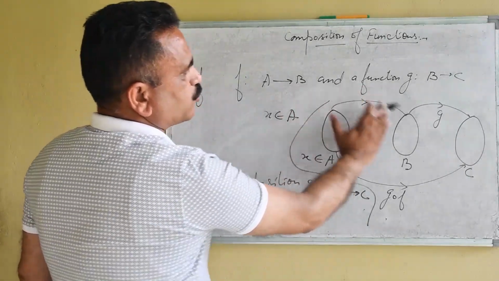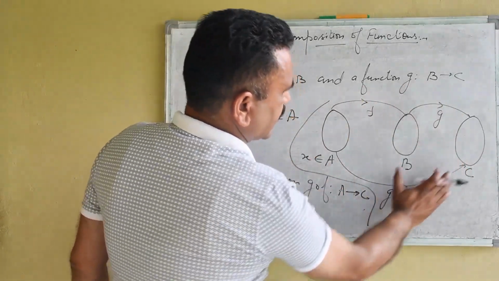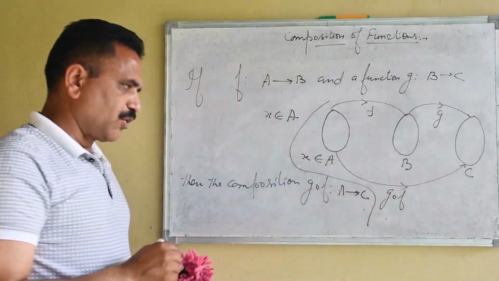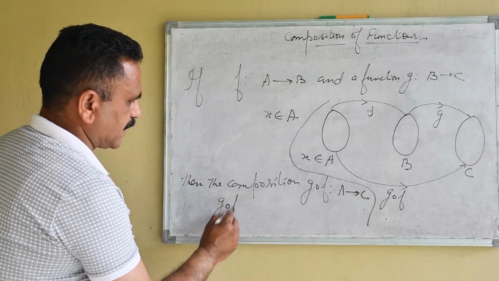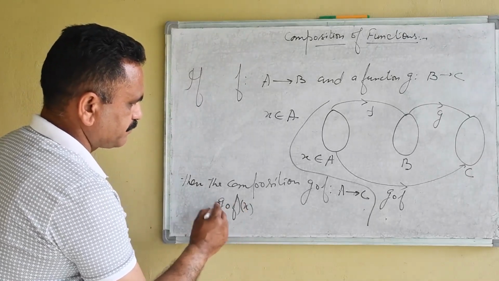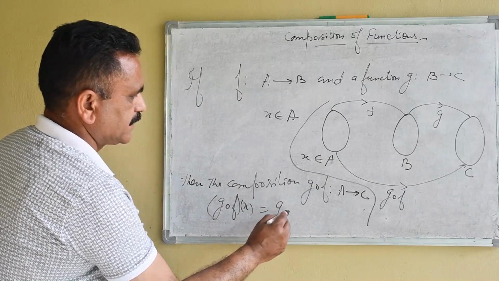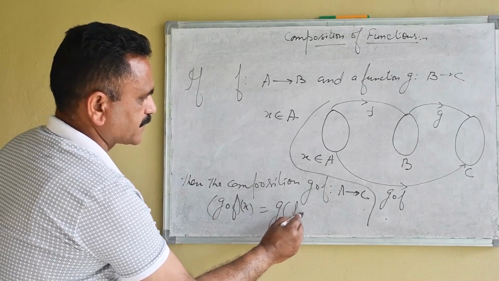First we connected A to B, then B to C. But if we connect A to C, then this is known as g of f. So g circle f of x, we can write as g of f of x.